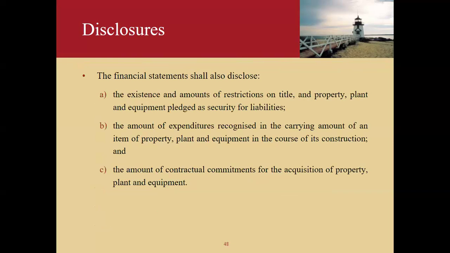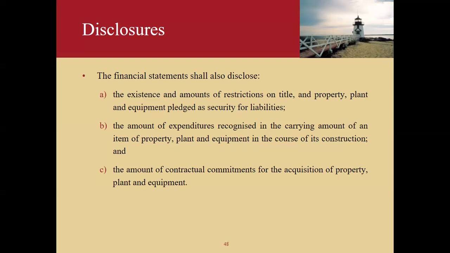The financial statements shall also disclose the existence and amounts of restrictions on title, and property, plant, and equipment pledged as security for liabilities. Yes, sometimes entities and businesses will give their property, plant, and equipment as collateral to money lenders or banks.